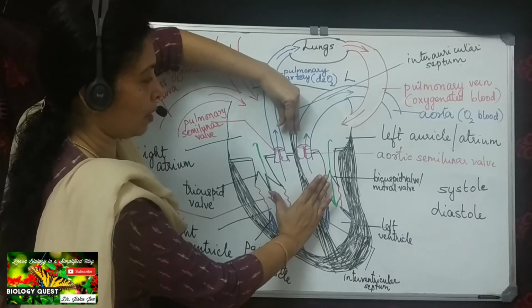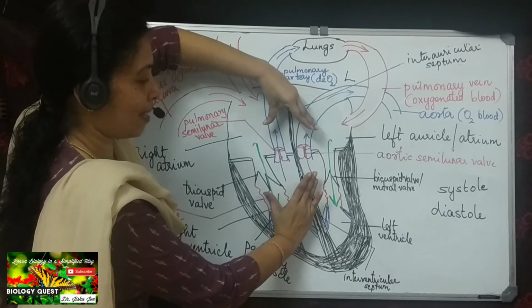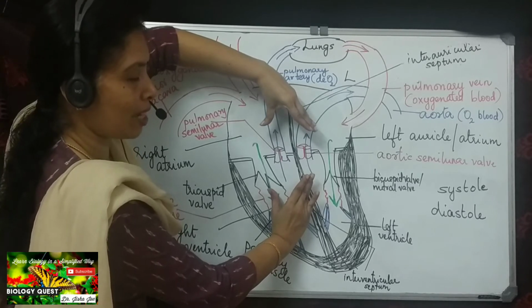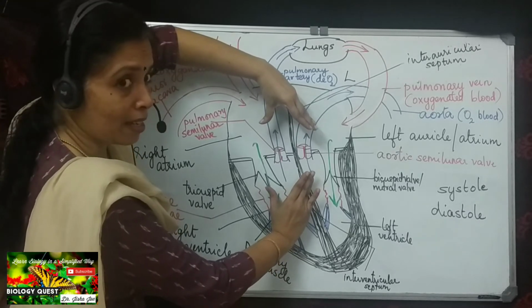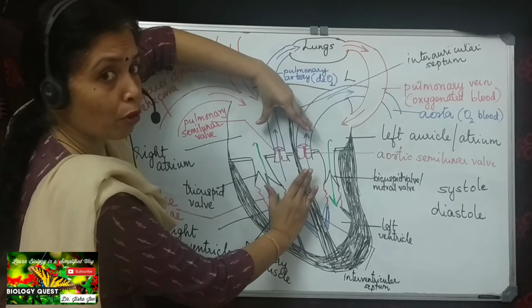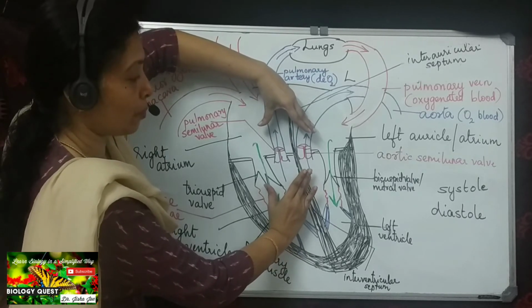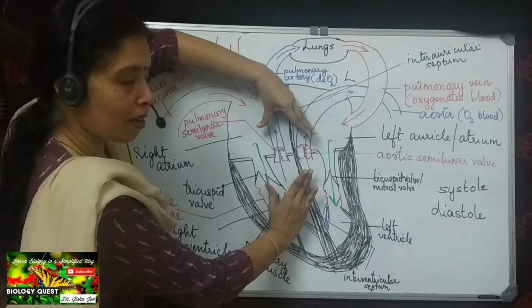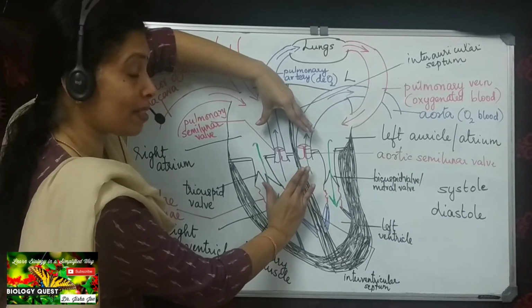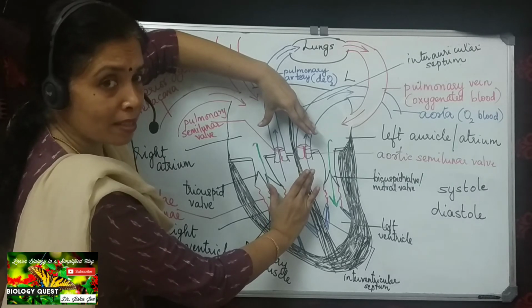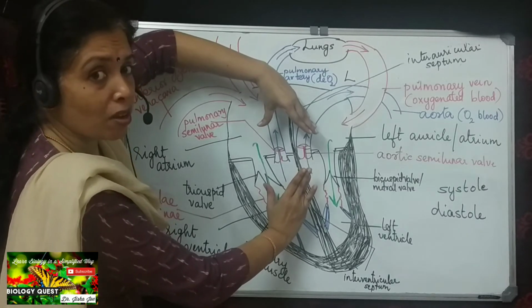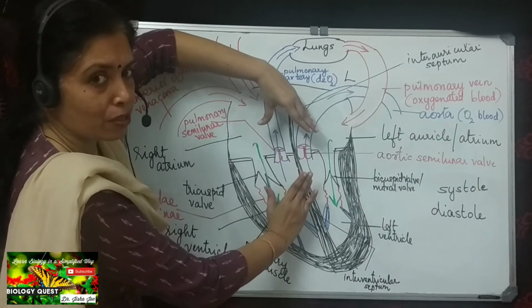When the auricles are relaxing and the ventricles are trying to come back, there is a stage for a fraction of a second, that is for 0.40 second, where you can see both the auricles and the ventricles in a relaxed state. This stage is called the joint diastole.